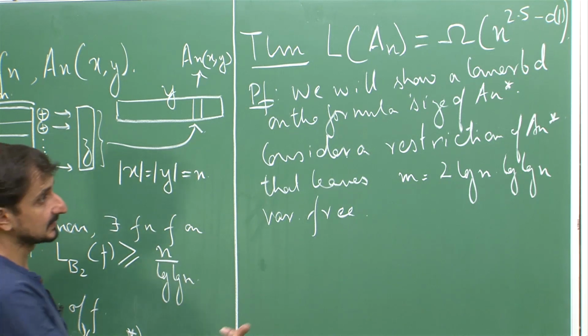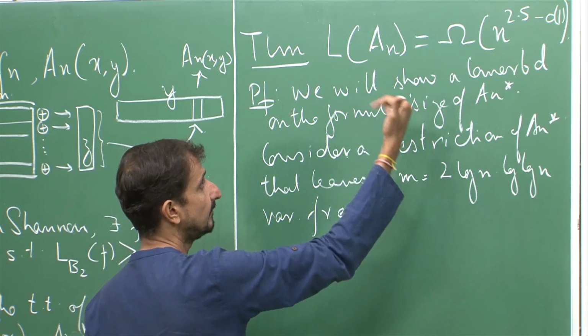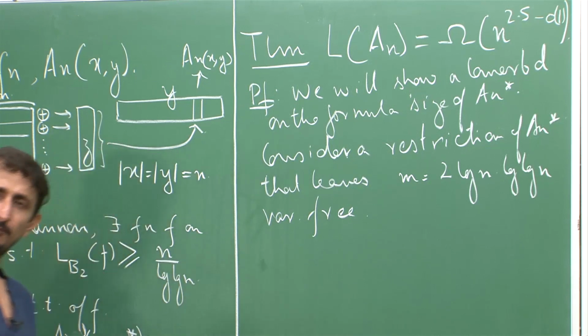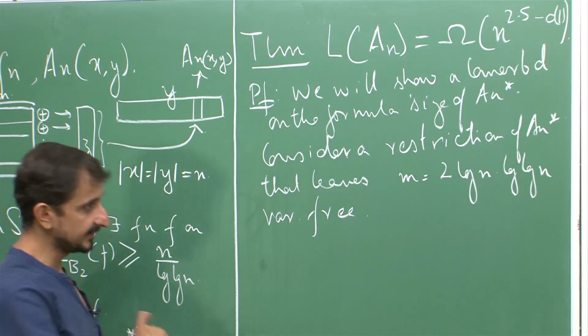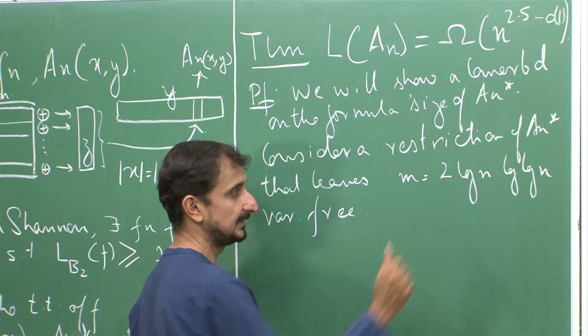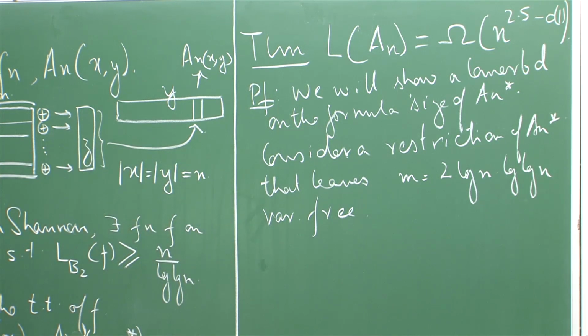A_n star has a total of n variables. We are looking at a restriction that restricts everything, but leaves just these many variables free.